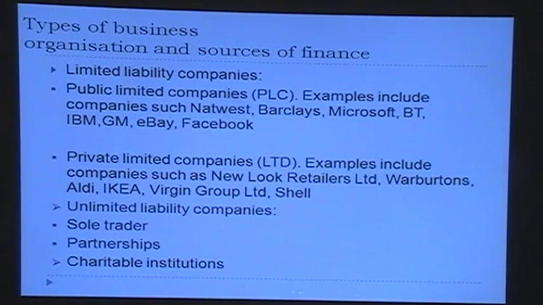We have the private limited companies. Examples include companies such as New Look, Warburton's in the UK, Aldi, IKEA, Virgin Group, and Shell Limited. As well as we have the sole trader, the partnership, and the charitable institutions. All these businesses source their finance from different areas.